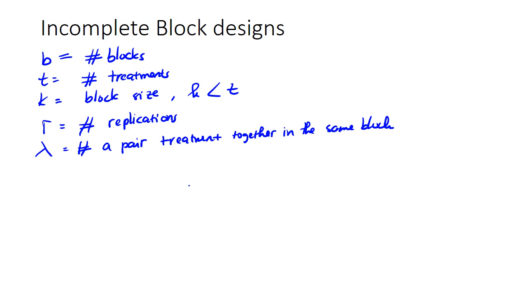An incomplete block design is said to be a balanced incomplete block design, BIBD, if all treatments appear in exactly R times, so the number of experimental units equals BK equals TR, and all treatment pairs appear together in exactly lambda blocks.